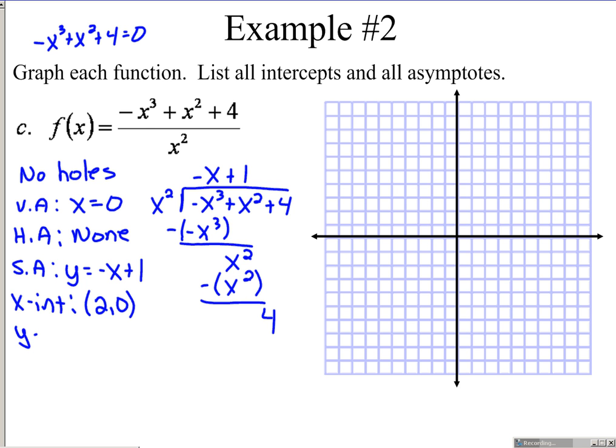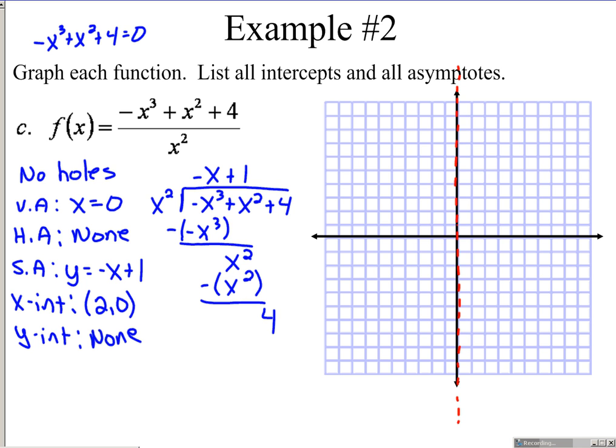Y-intercept. Put in 0 for x, we get 4 over 0. Undefined. That means there is none. Graph what we have so far. Vertical asymptote at x equals 0. Slant asymptote y equals negative x plus 1.